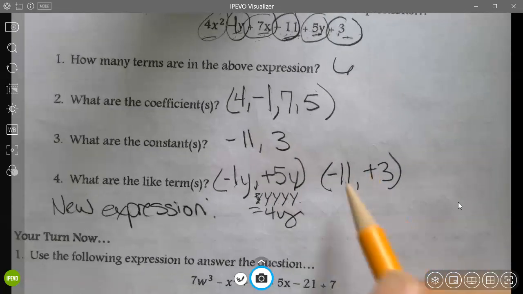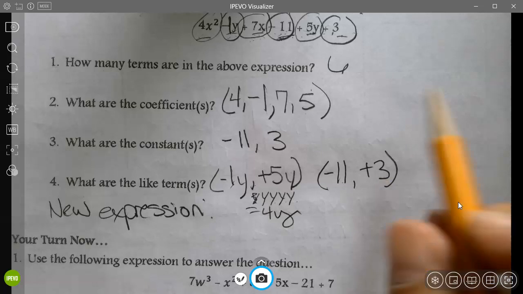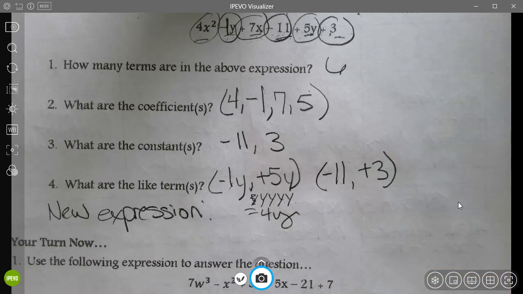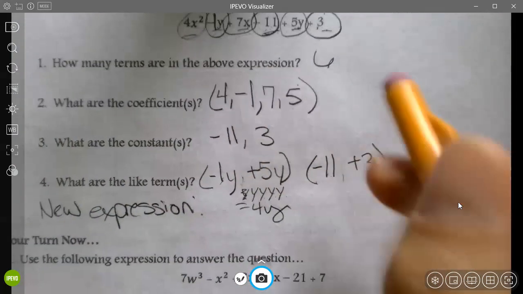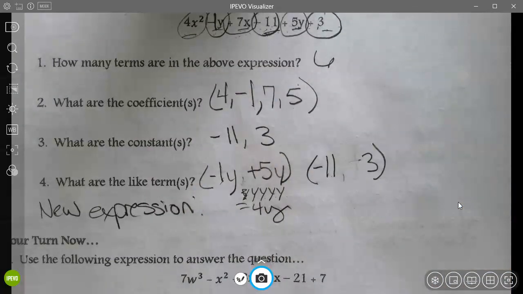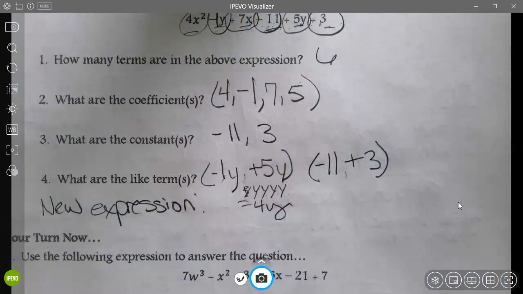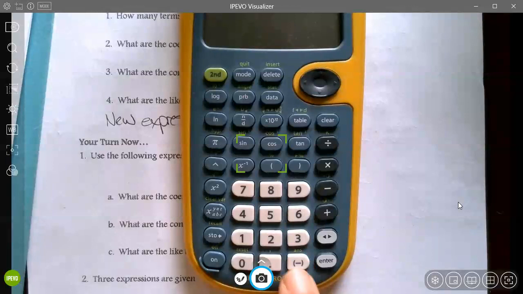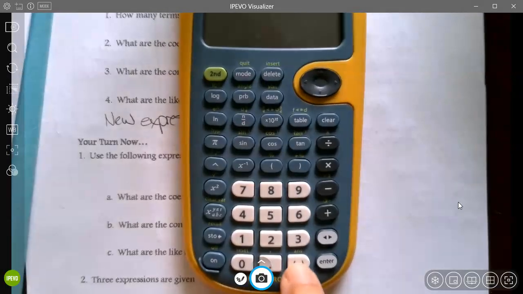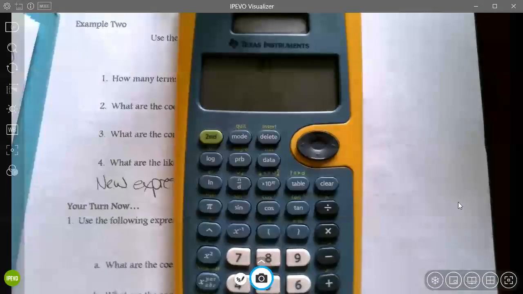And then my -11 +3, you're able to use a calculator. So you can put this in, just take out your little commas, and you put -11 +3. And if you're using a calculator like this, I have to turn it on.